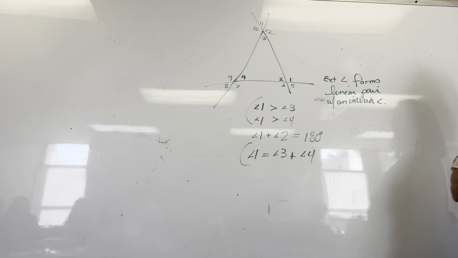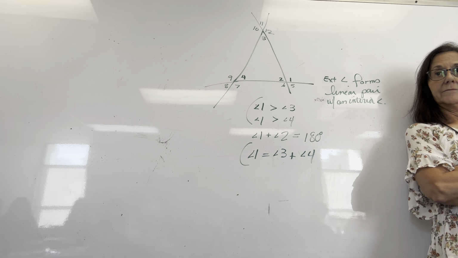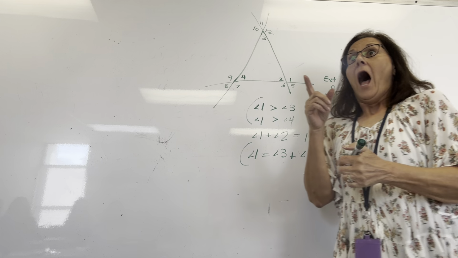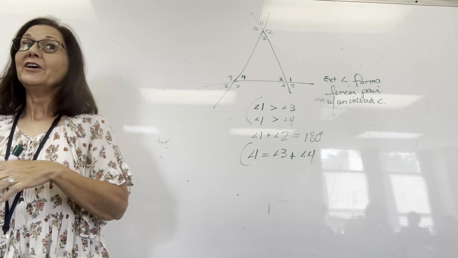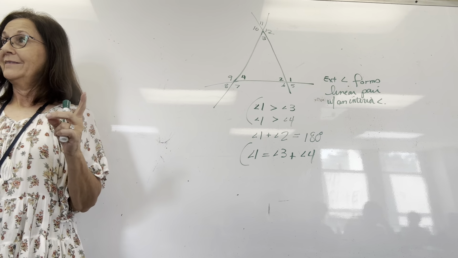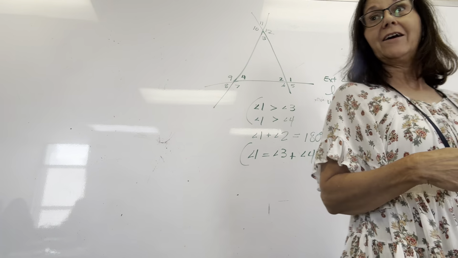Ella, what are 11, 5, and 8? They are some relation to the interior angles. Blythe? They're vertical to the interior angles.